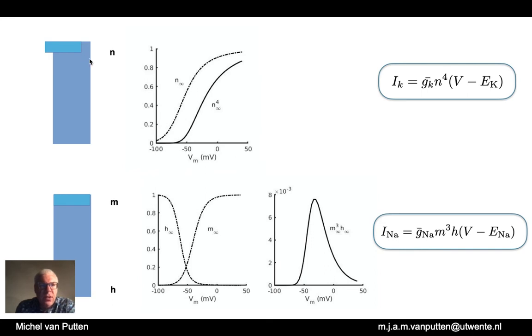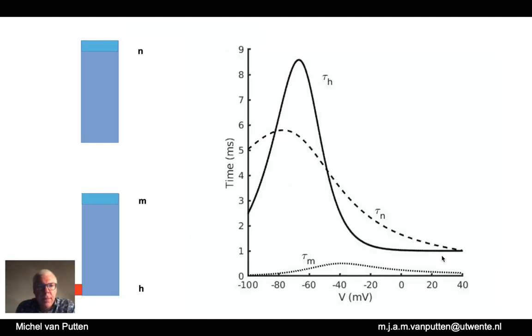And that's once more illustrated here. So it opens with a particular duration, and here this one opens and this one closes with a particular duration. That's not in the equation, at least not explicitly yet. So apparently there's a time constant, you can estimate them, that describes how fast the gate opens or closes.